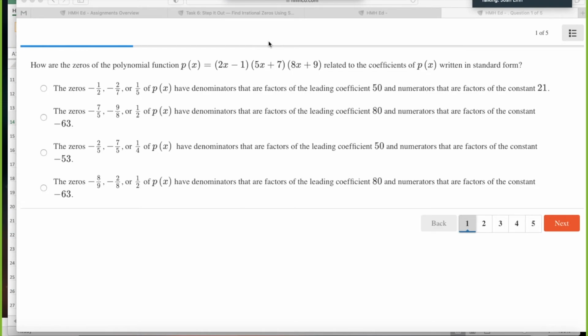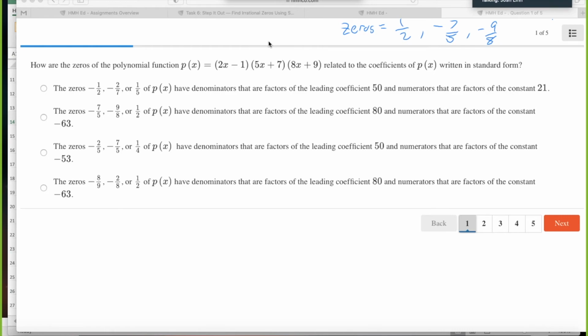Our zeros are 1 over 2, negative 7 over 5, and negative 9 over 8. I just looked at each one of these and set those equal to 0 to find those zeros.